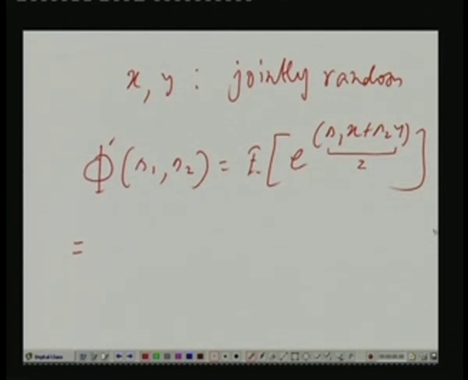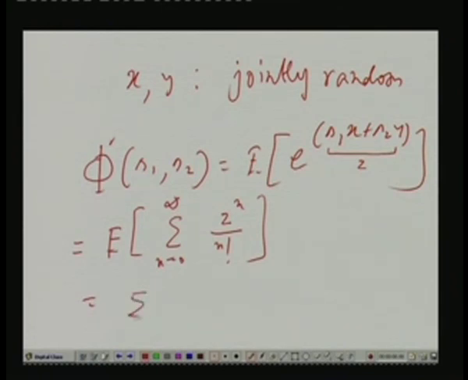If you do that, first you have expected value of the summation n equal to 0 to infinity z to the power n over factorial n. This is the exponential series, and then I will apply this expectation operator on each term in this summation.